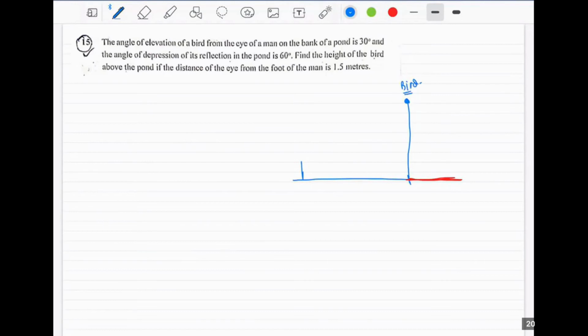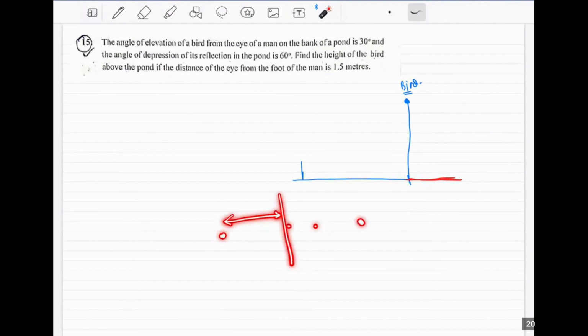Then there must be a reflection on the pond also. And by the laws of physics, what you should understand is if this is the height of the bird, the reflection is supposed to be down below at a similar height, right? Similar to the mirror when you are looking at the mirror. Let's say this is the mirror. If you're here, then the distance between you and the mirror, the image will be formed behind the mirror.